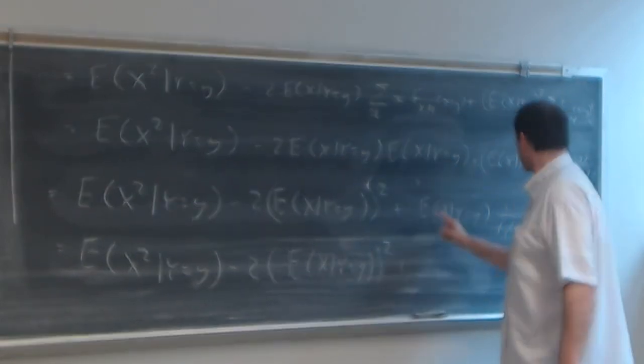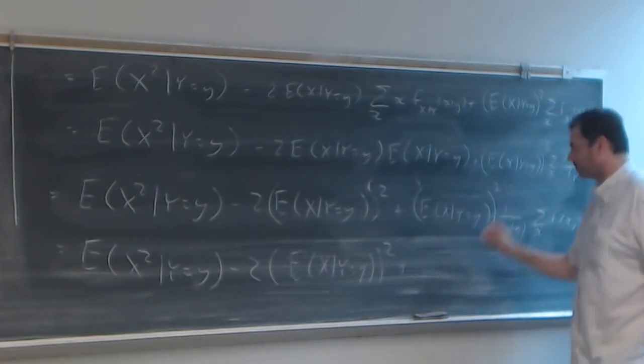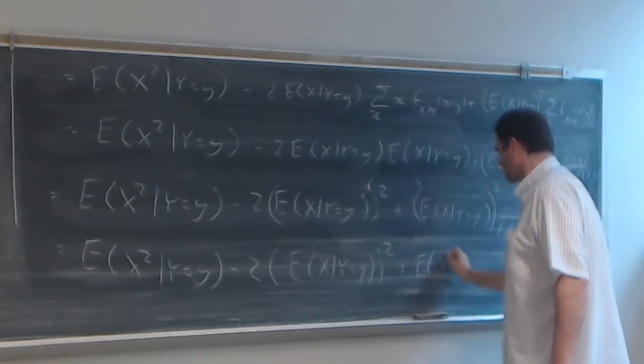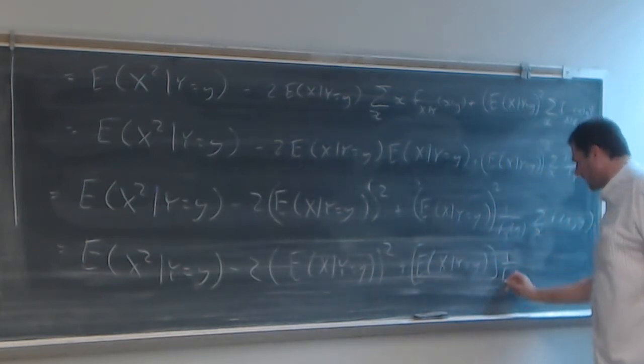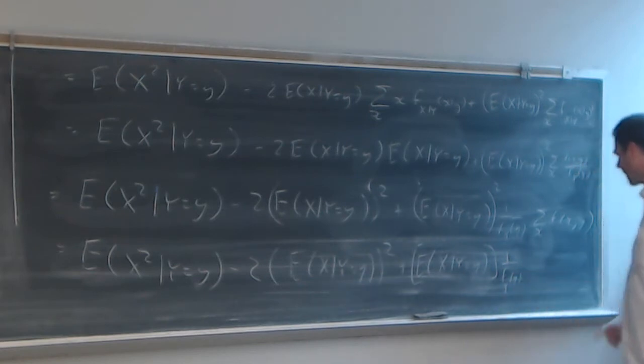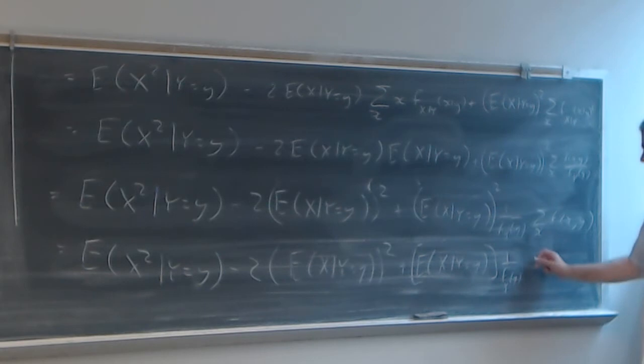Here, this is plus, I made a mistake, this is supposed to be squared. So the conditional expectation of x given y equal to y, squared, and then this is 1 over the PMF of y. And here, when I sum up over all x values of the joint PMF, what I get is the PMF of y.